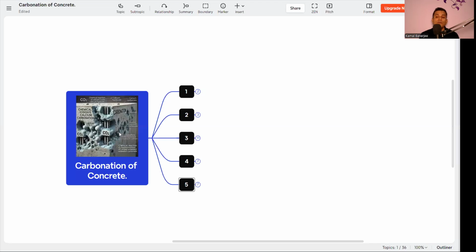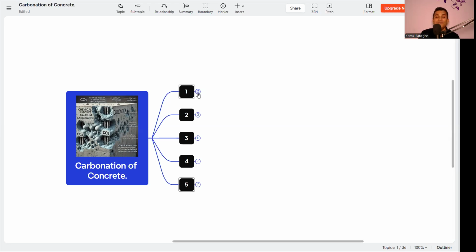So what is carbonation of concrete? The carbonation of concrete is when the CO2, or carbon dioxide, present in the atmosphere starts reacting with the concrete. This reaction is called the carbonation of the concrete.